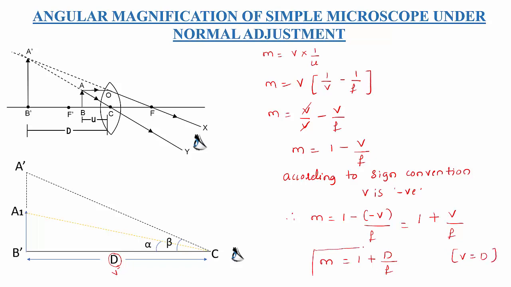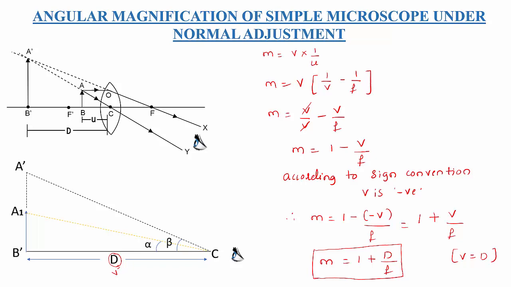So the angular magnification of a simple microscope under normal adjustment is M equal to 1 plus D divided by F, where D indicates the least distance of distinct vision, F is the focal length, and M indicates the magnifying power. That gives the magnifying power of the simple microscope under normal adjustment, and the equation is M equal to 1 plus D divided by F. So this is all about the first case, that is under normal adjustment.